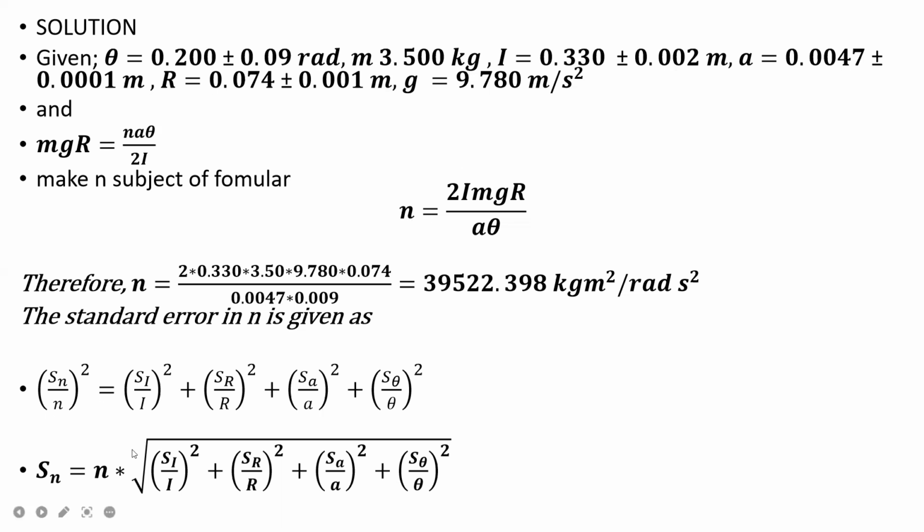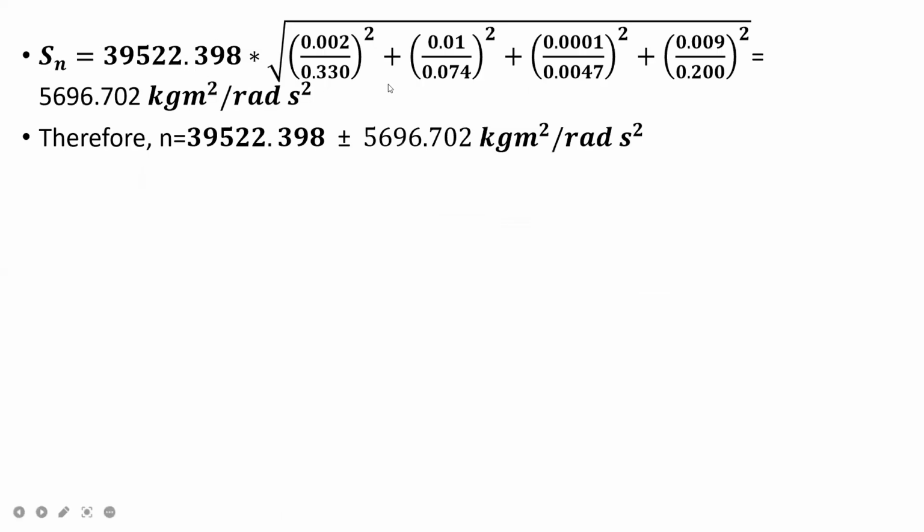Making Sn the subject of the formula, we have n times the square root of the sum of the squares of these variables in this equation. Now, substituting the standard errors and the values for I, R, A, and theta, our n equals 29596.702 kilogram meter squared per radian second squared.